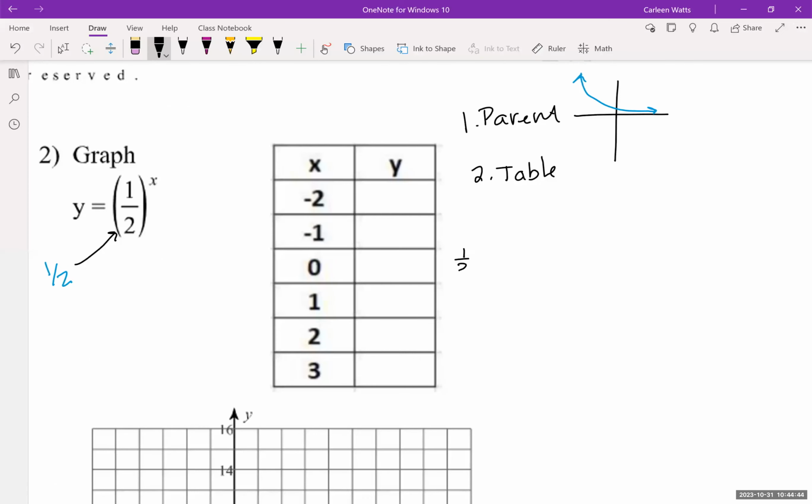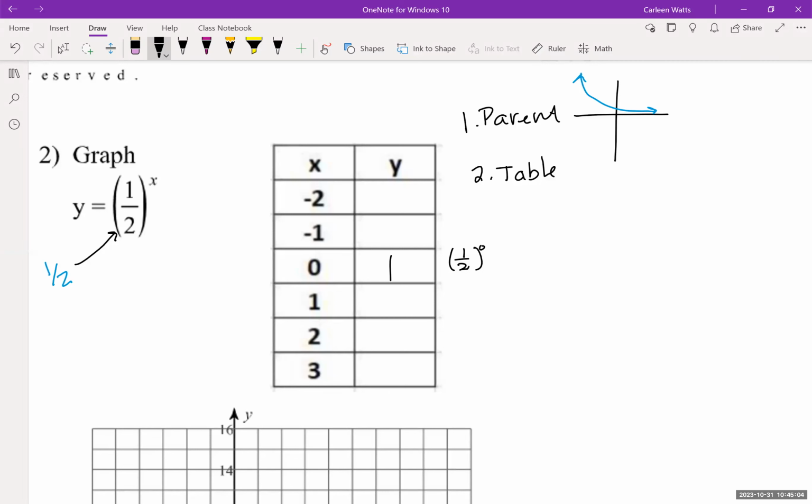What is 1/2 to the 0th power? Anything to the 0th power is, careful, 0th power. Anything to the 0th power is 1.